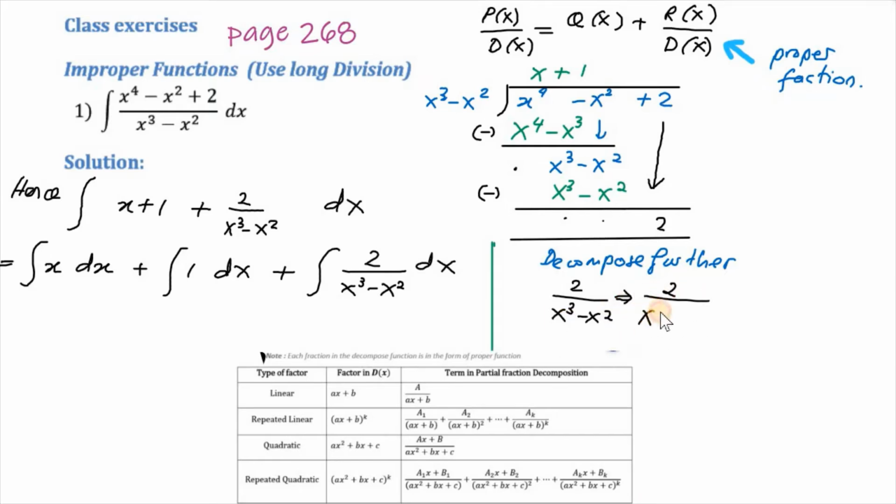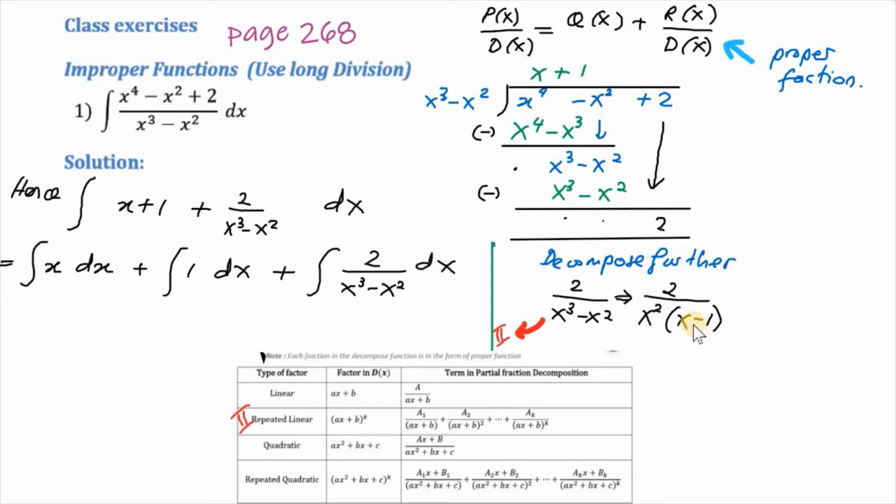So here we see x minus 1, isn't it? And here we have linear and linear. In other words, x squared is x times x. It's a repeated linear, case 2.